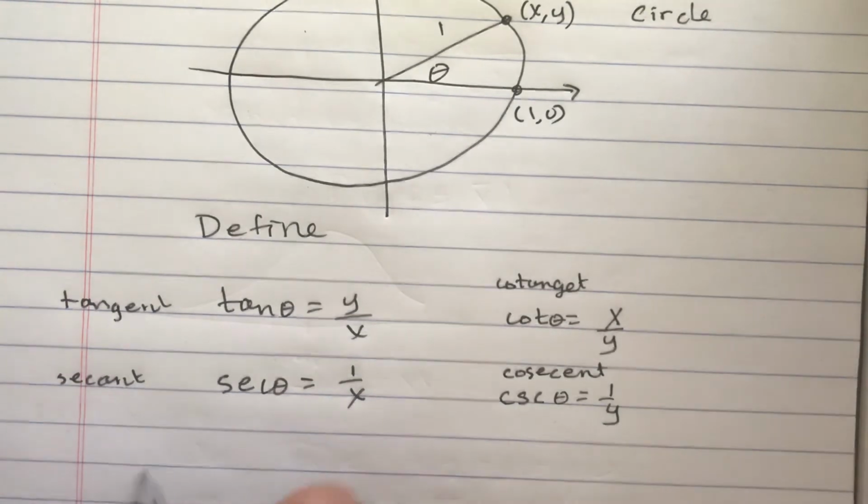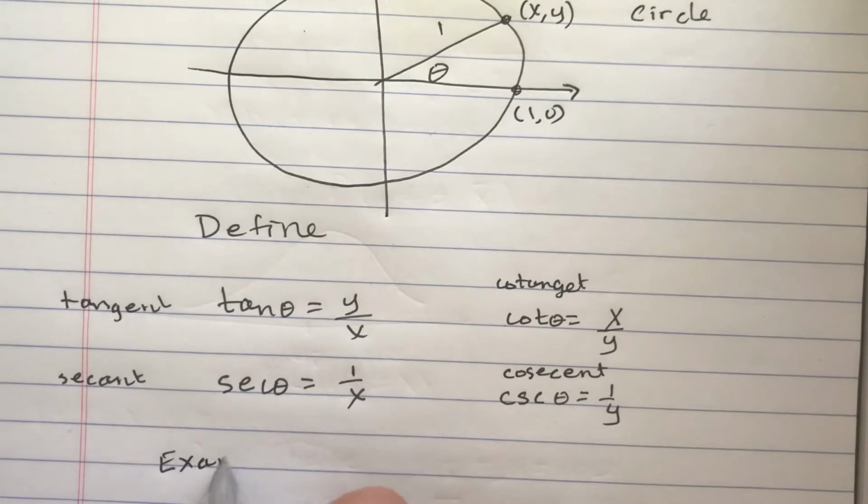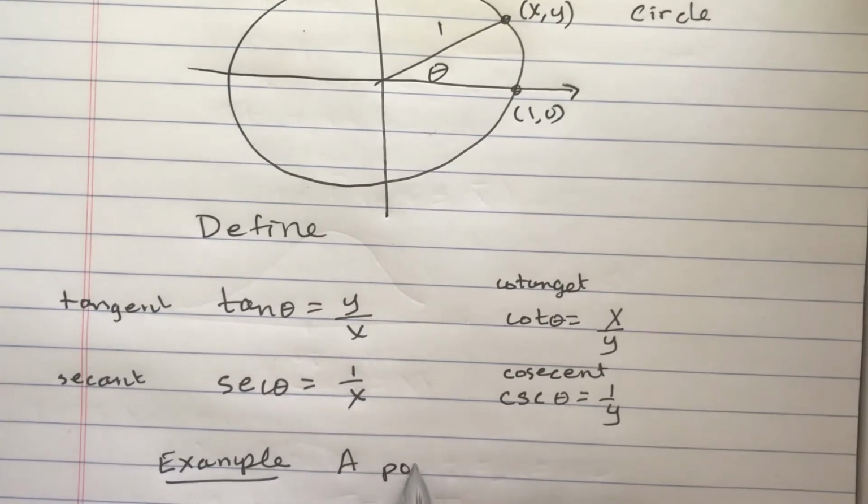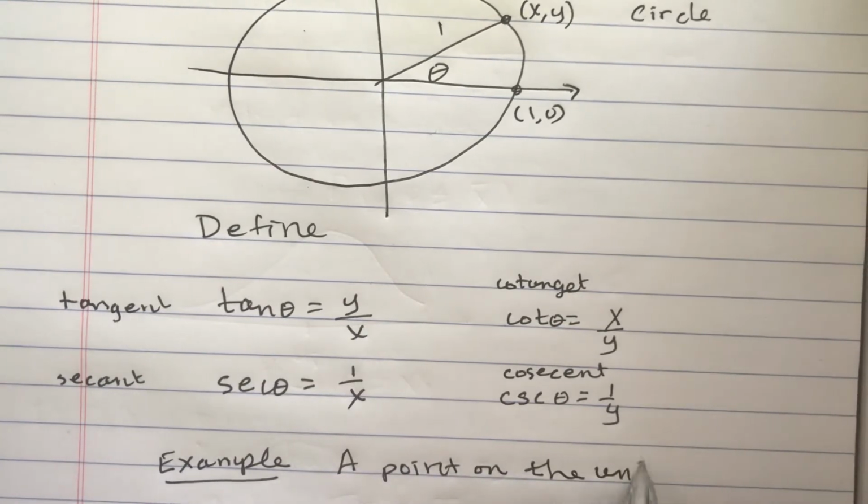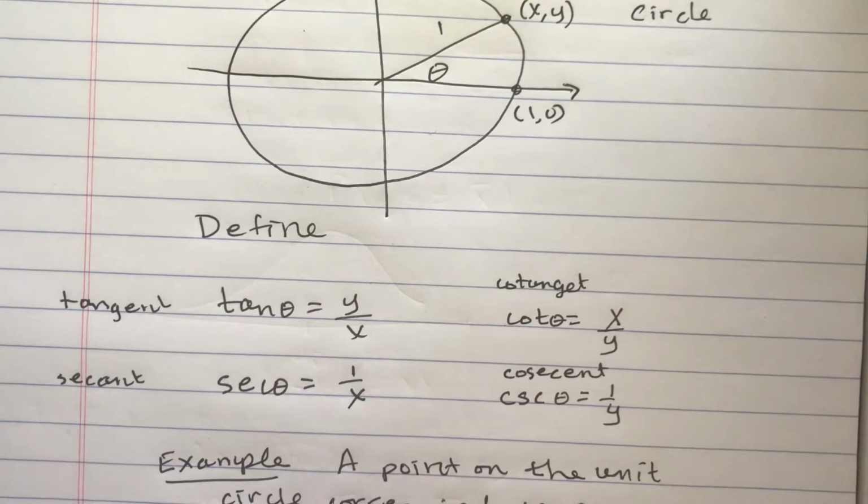And so for an example, a point on the unit circle corresponding to theta is (-3/5, 4/5).